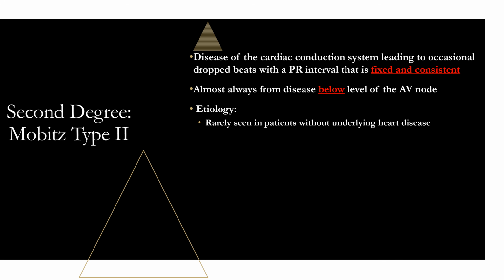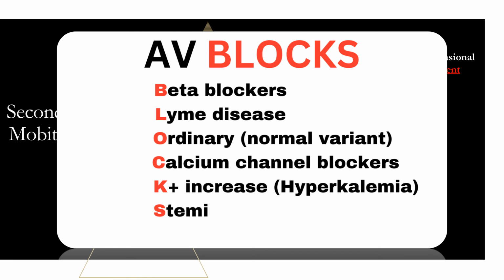A patient with Mobitz 2 generally has something else going on, some type of structural heart disease to get to this point: myocarditis, myocardial ischemia, fibrosis, etc. The main takeaway here for etiology, and what differentiates it from a Mobitz 1 and a first-degree block, is that difference. So the mnemonic we went over before still applies, just subtract the O for ordinary, as this is rare to occur in a normal, ordinary patient without underlying heart disease.